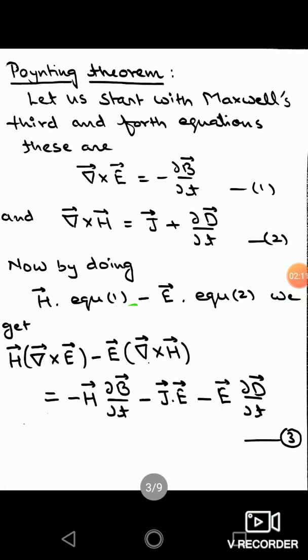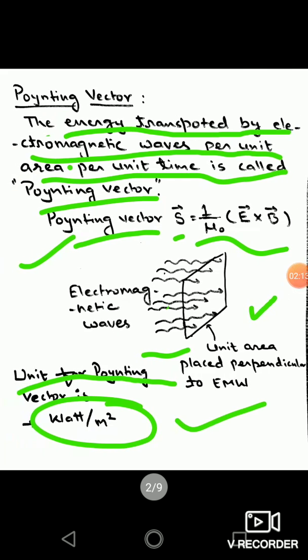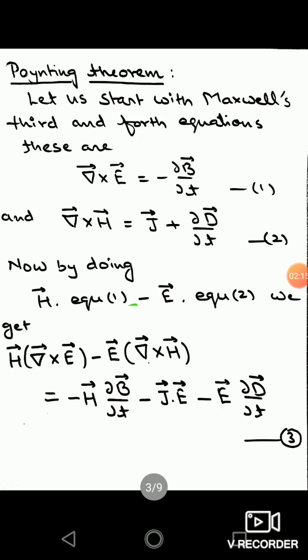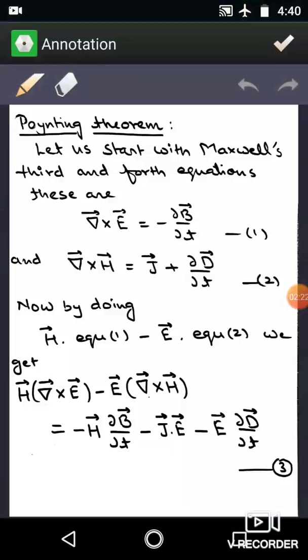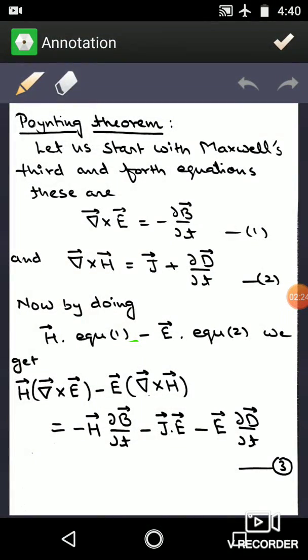In this slide, we are considering Poynting theorem. Poynting theorem is basically the law of conservation of electromagnetic energy. Let us start to prove Poynting theorem. Let us start with Maxwell's third and fourth equations.